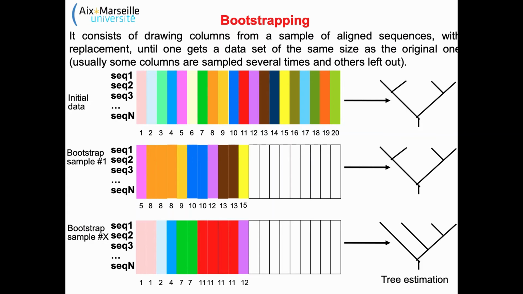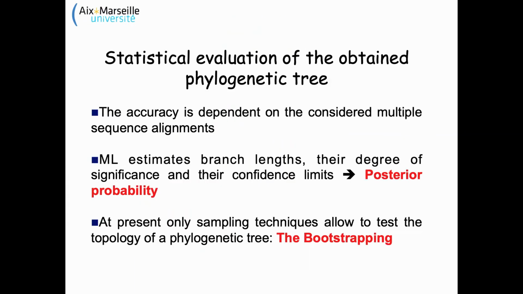In the case of a phylogenetic tree, as I told you before, to be sure that your tree is consistent, you have 2 types of estimation. The first one is called the posterior probability. It's the probability or the confidence for each branch or each node. And the other one is called the bootstrap, in which you test the topology of the tree.